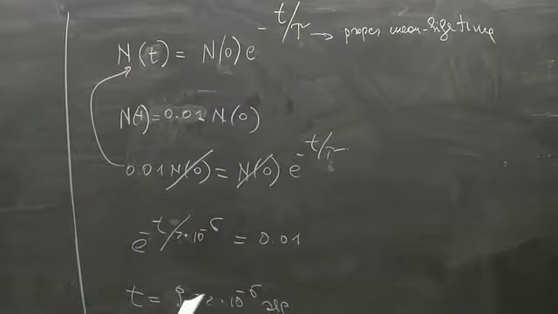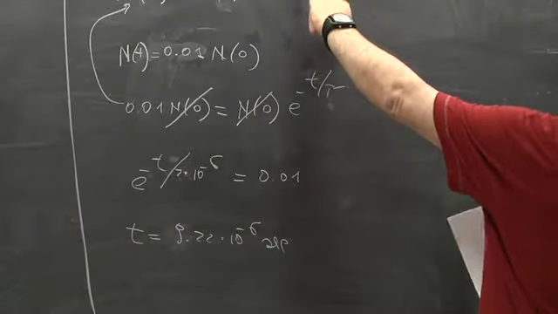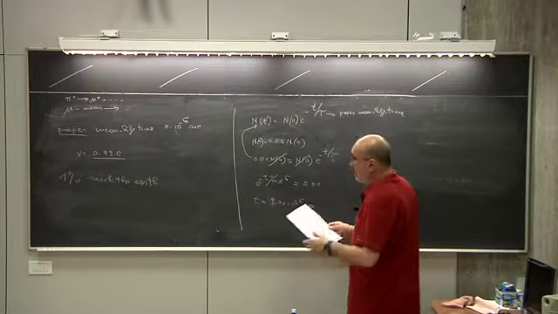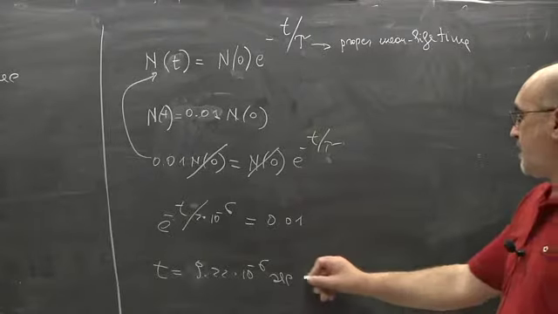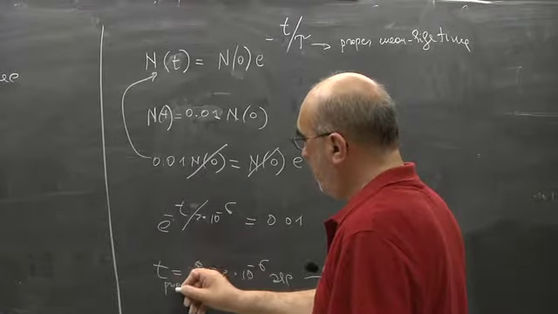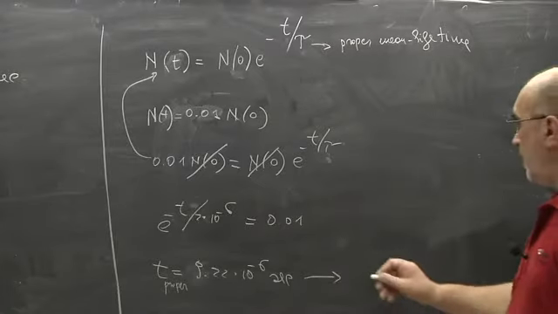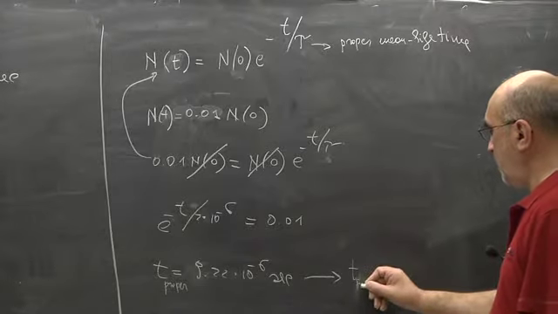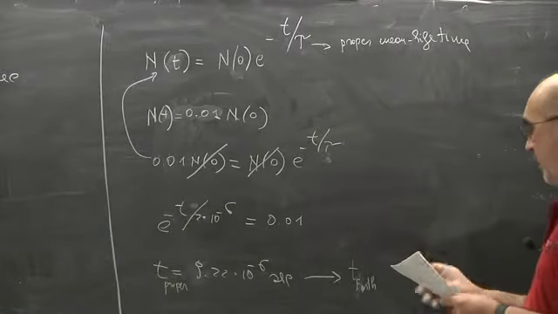But remember that here we used the proper lifetime, so this is the time in the proper frame, that means riding with the mu particle. We have to transform this, because they want to know the distance and we are looking from the Earth. We have to transform to the time on the Earth, seeing the particle that we ride.